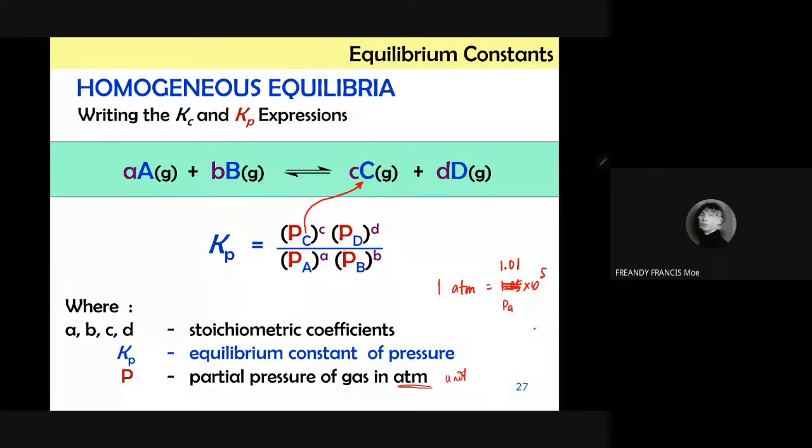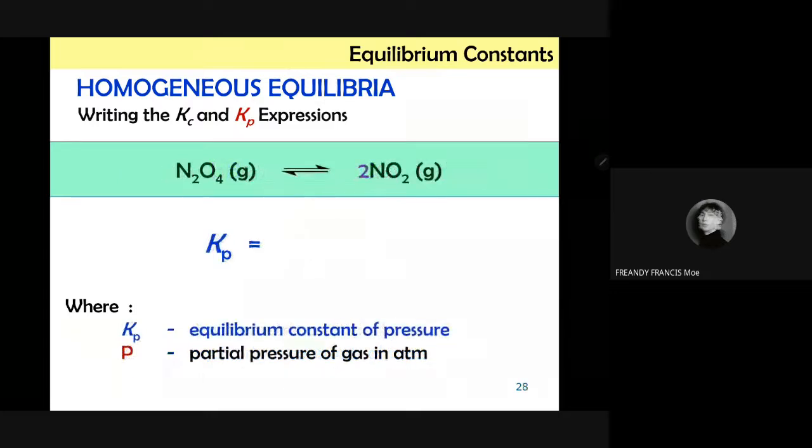Okay, so let's have a look at the example using a real equation. So kalau kita tengok di sini, N2O4 jadi NO2 dan NO2 jadi N2O4. Kp ni kita akan tulis partial pressure of NO2 to the power of 2 bahagi dengan partial pressure of N2O4.